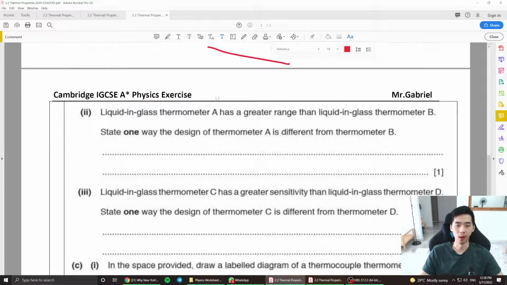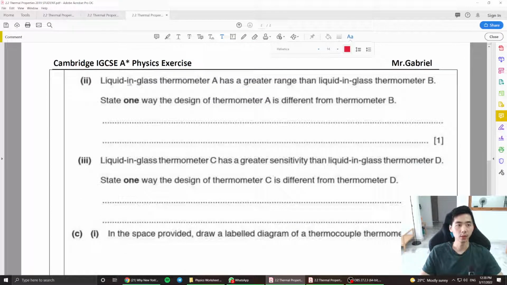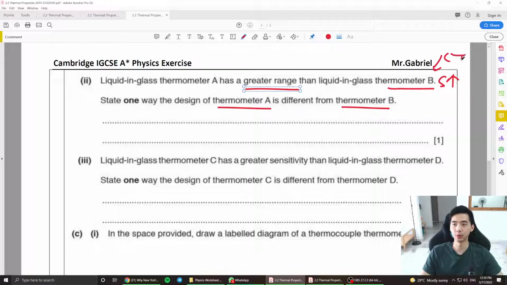then moving on, liquid in a glass thermometer A has a greater range than in B. State one way the thermometer A is different from B. If this one has a greater range, it means to say this one has a lower sensitivity, and in order to have a greater sensitivity, the capillary tube here is going to be smaller, or the glass bulb is going to be bigger, right?